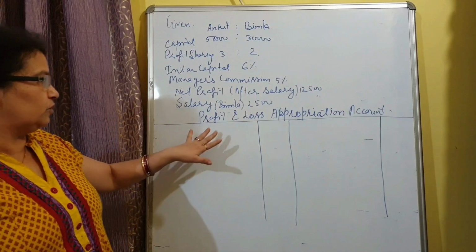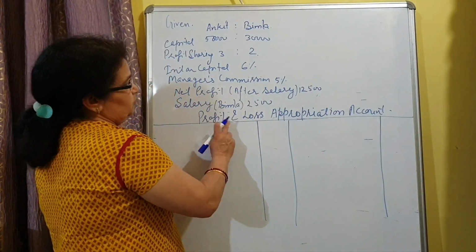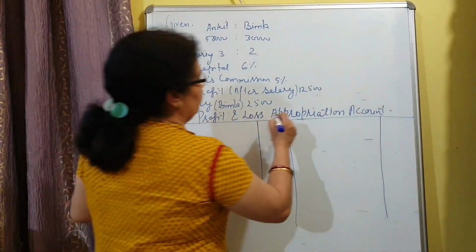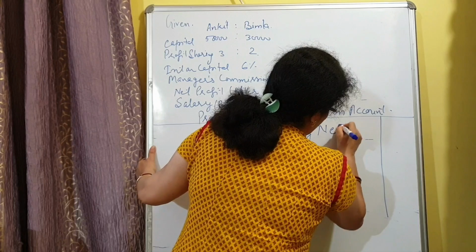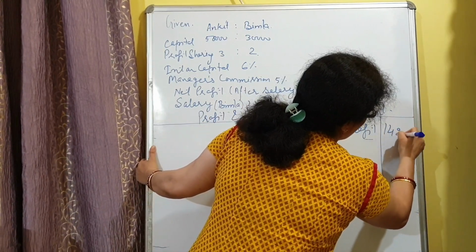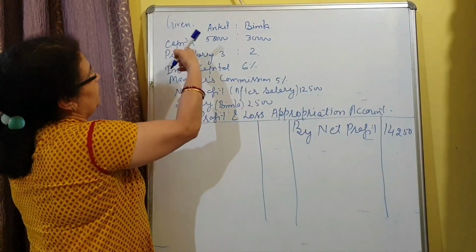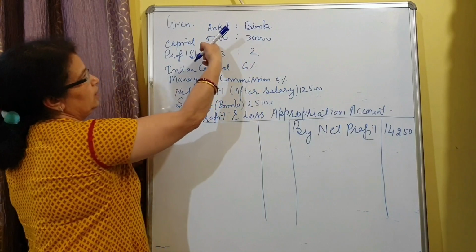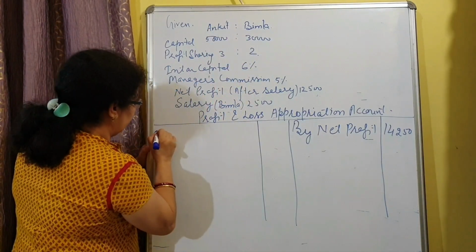Okay. As per the question, the second part is the profit and loss appropriation account. We have to make four columns: particulars, amount, particulars, amount. As per the profit and loss account, we have a net profit, by net profit 14,250. After this, partners are entitled to interest on capital at 6% of 50,000 and 30,000.